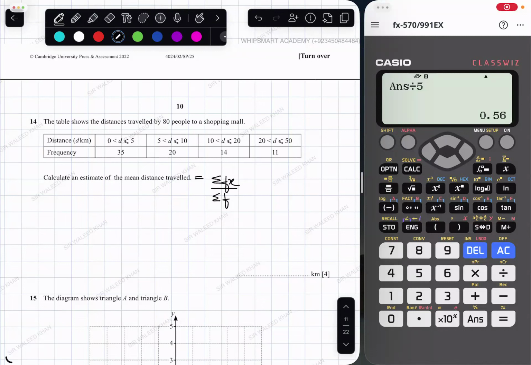So over here, just writing it again so that you people don't get confused. Whenever we are dealing with continuous data, in the form of ranges like these class intervals, right? Then if they ask you about mean, you have to work out the midpoint. Upper limit plus lower limit divided by 2.